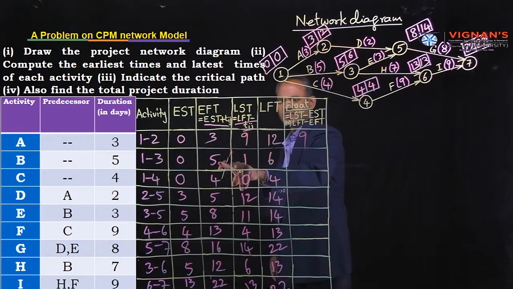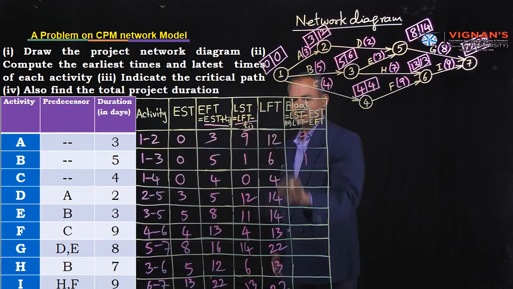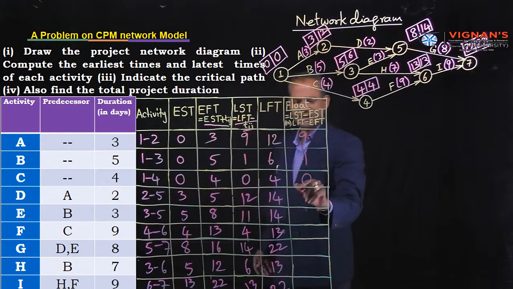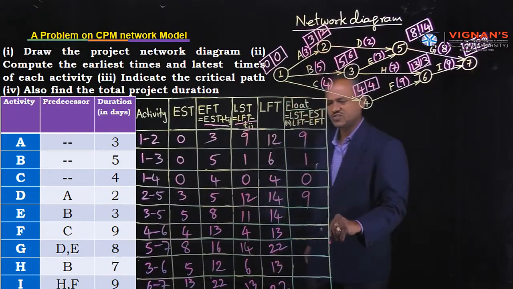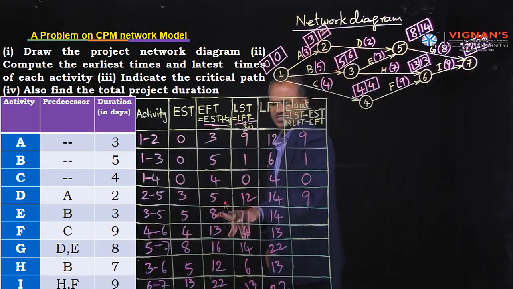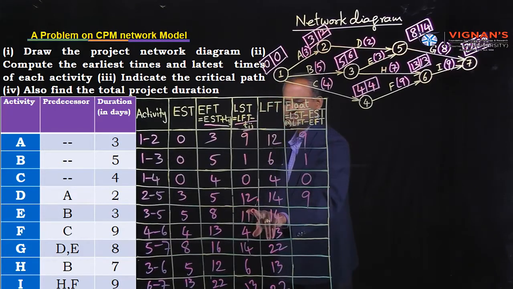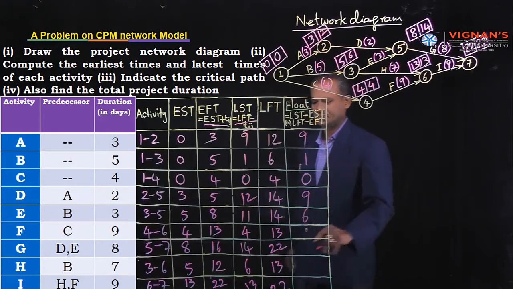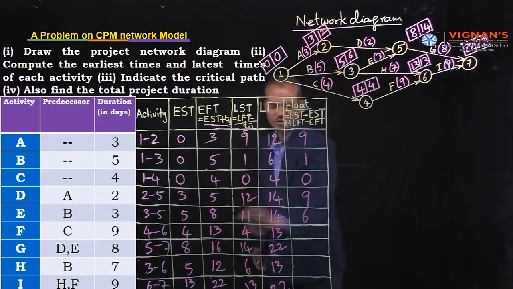LFT minus EFT, 6 minus 5, 1, or LST minus EST, 1. 4 minus 4, 0, or 0 minus 0, 0. Next, 14 minus 5, how much? 9. 12 minus 3, 9. Both ways we have cross checked. Correct. 14 minus 8 or 11 minus 5, in both ways the value becomes 6. 13 minus 13, 0. 4 minus 4, 0.